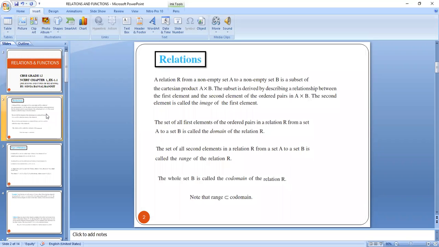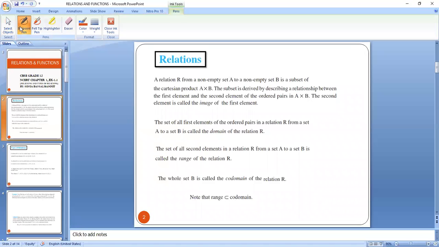A relation R from a non-empty set A to set B is a subset of Cartesian product A to B. The very first relation will be defined between two sets. It could be from set A to A or from set A to B, right? So whatever the cross product will be, relation will be a subset of that cross product.